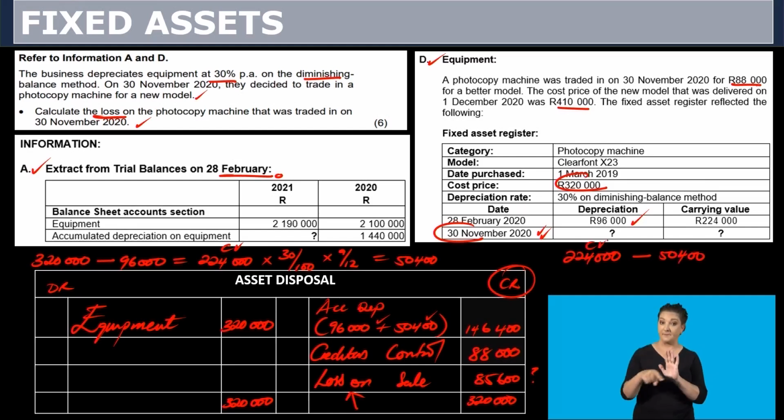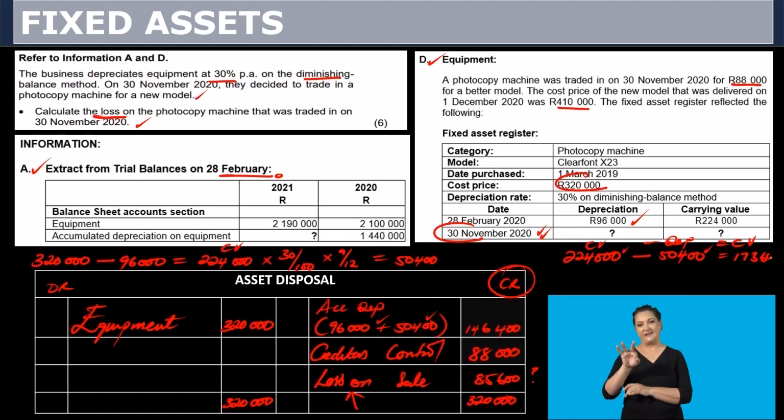So it's your carrying value minus depreciation. It will give you carrying value at the end. So carrying value at the beginning, 224, minus depreciation 50.4 gives you carrying value at the end, which is 173,600.